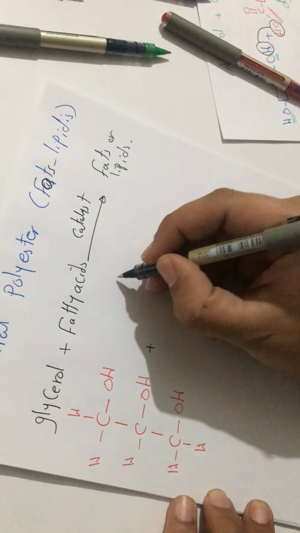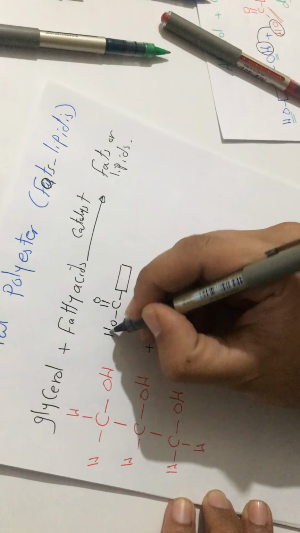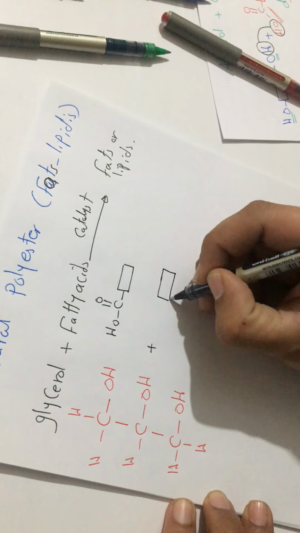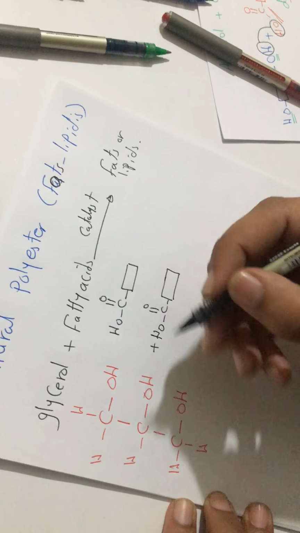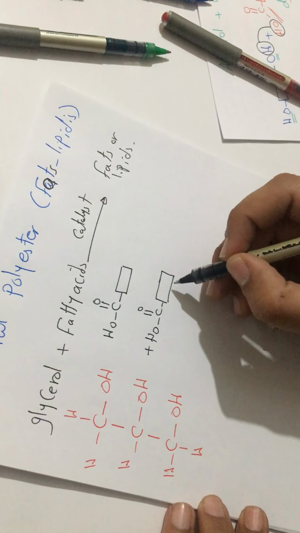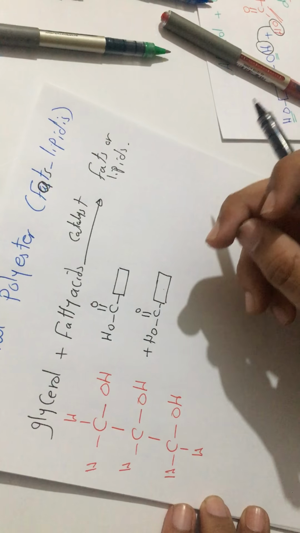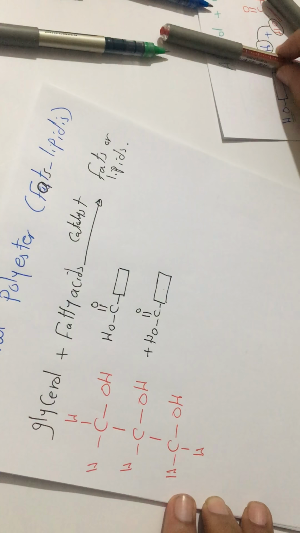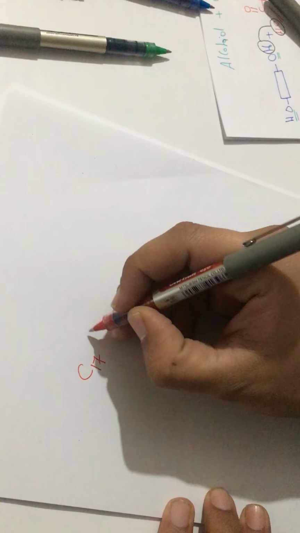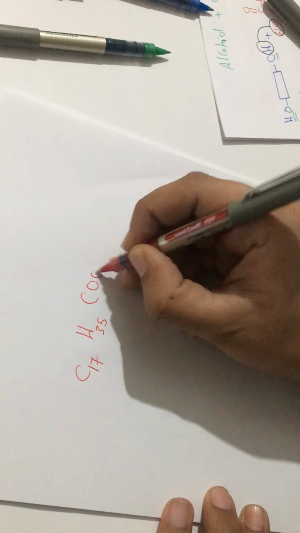And we are going to add 3 molecules of fatty acids, and we are going to refer to the fatty acid by a box, once again like in math, an unknown. We have here a lot of carbons and hydrogens. To cut it short, if I write the complete structure of a fatty acid, we have, for example, C17H35COOH.